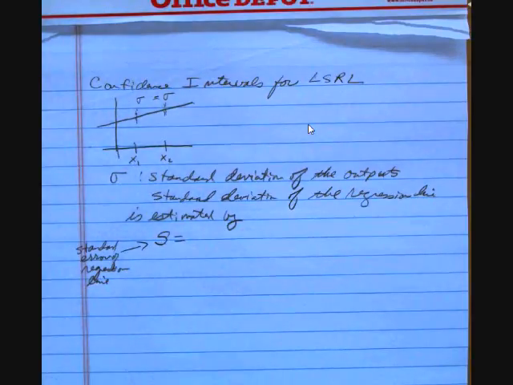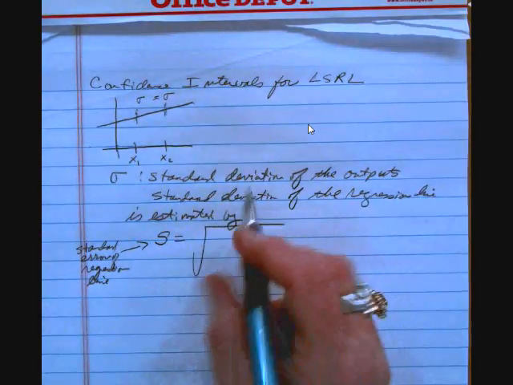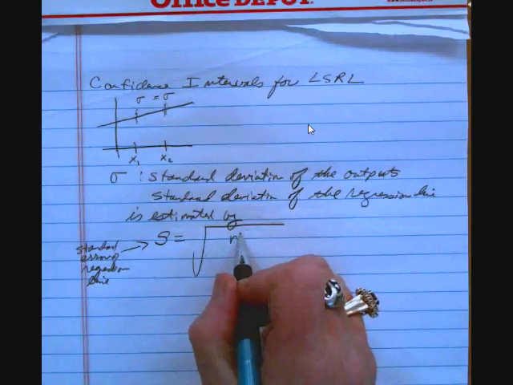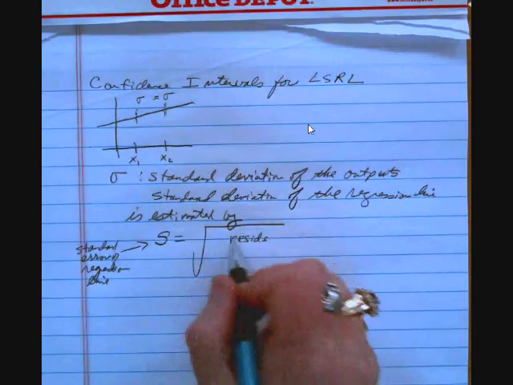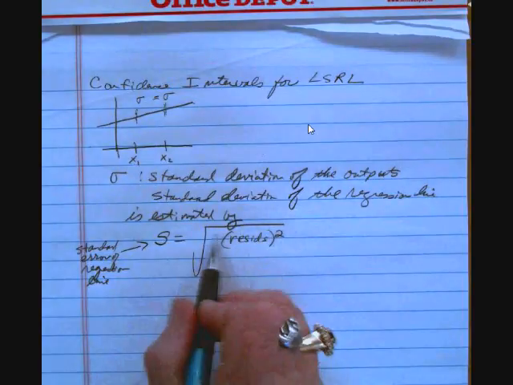Its formula is the square root of: I take the residuals, I square each residual because I've got to get rid of their signs, and then I add them all up.